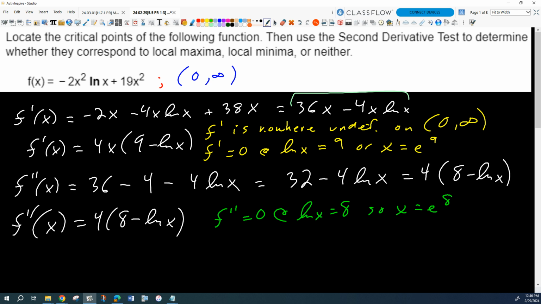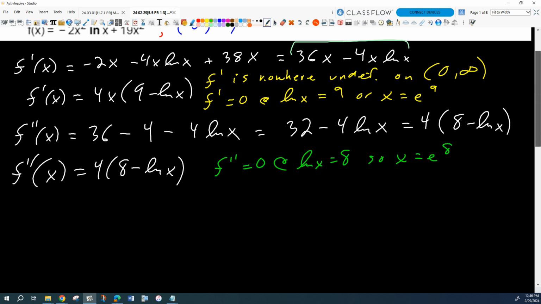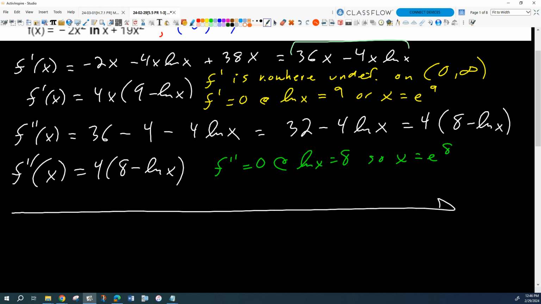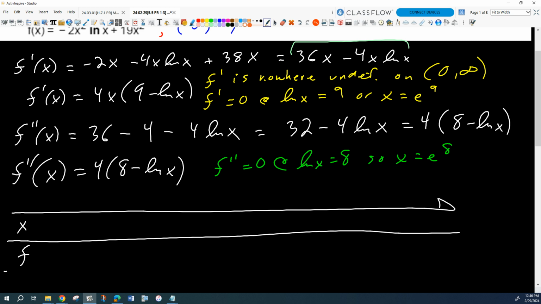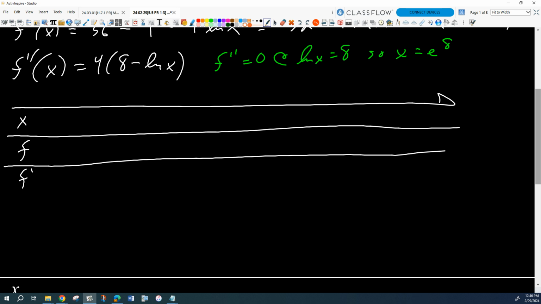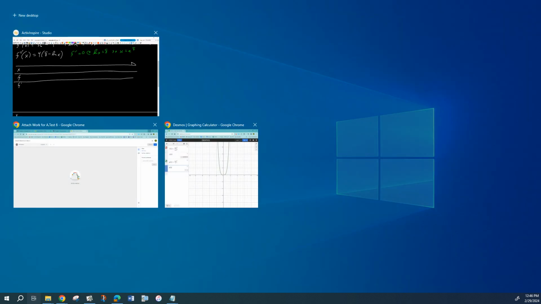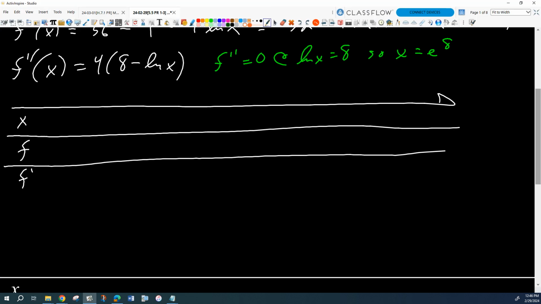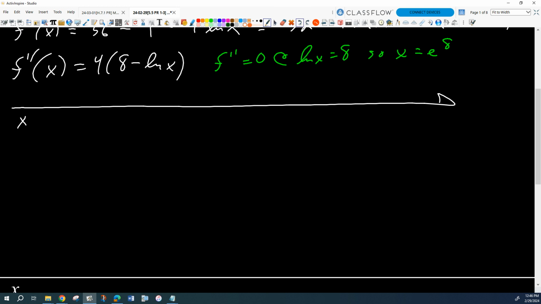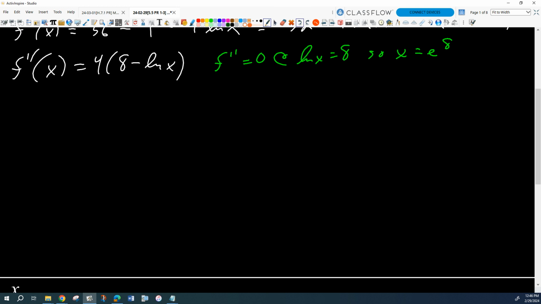All right, so now really it's just a matter of making our table, right? So let's do that. Oh, you know what? I had a table sitting down there. How about that?